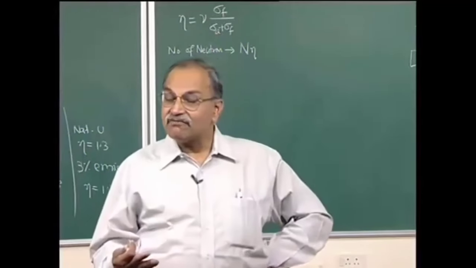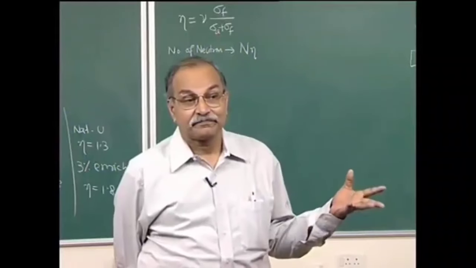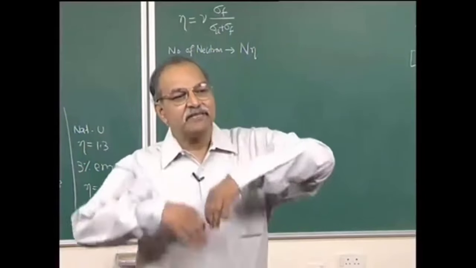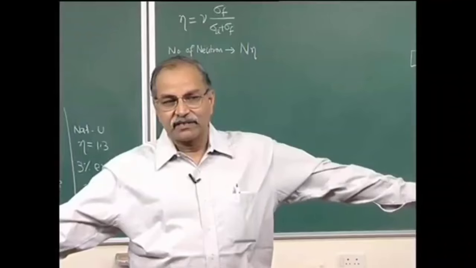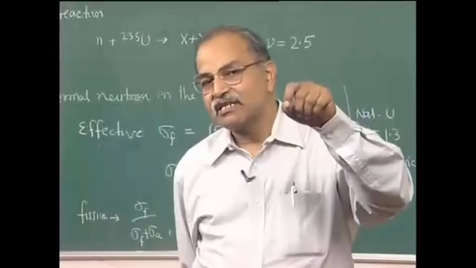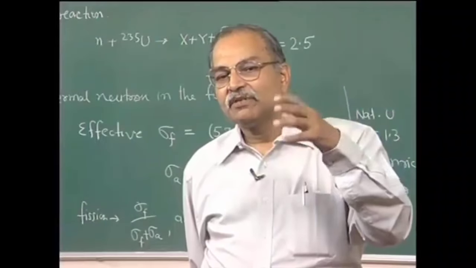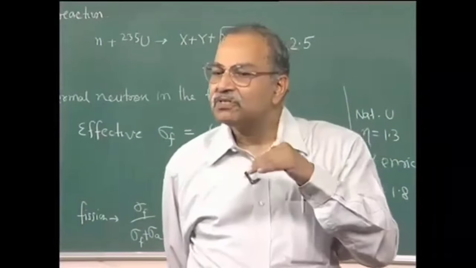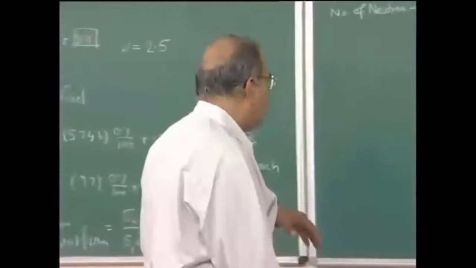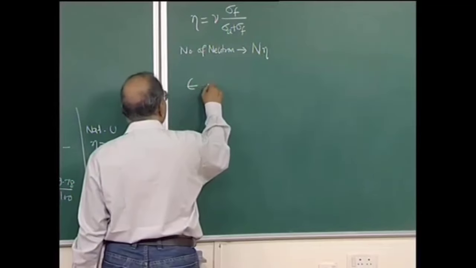If they create fission, once again you will have enhancement in neutrons. So, out of that capital N into eta, most of them come out in the moderator, that is how the geometry is designed, but some of them which create fission in uranium-238 and do not come out in the moderator, because of that the number of neutrons will be enhanced. So, that is written by one more factor, and that is epsilon. So, epsilon, and what is that epsilon?